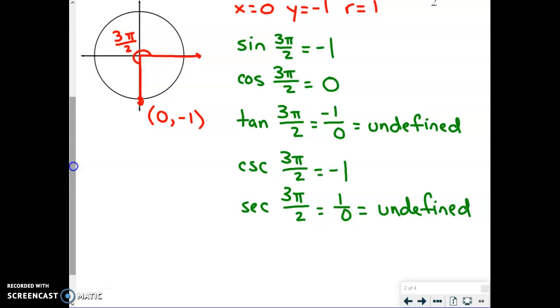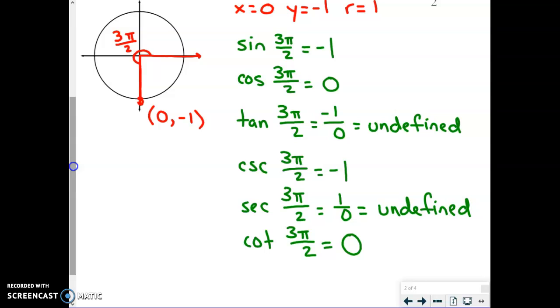That 0, of course, comes from the x value in our original angle measure. And the last one, the cotangent of 3/2 pi, would give us the reciprocal of what was undefined before, which was 0 over -1, which would simply be 0.